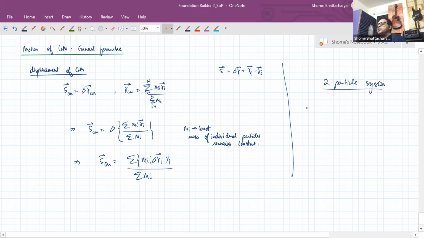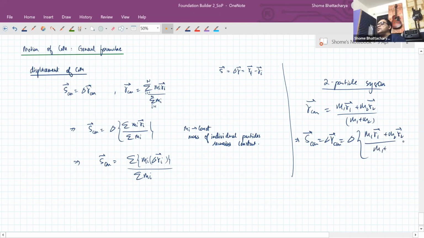The position of center of mass is given by m1 r1 plus m2 r2 divided by m1 plus m2. So the displacement of the center of mass is change in position. It will be given by change in this quantity m1 r1 plus m2 r2 divided by m1 plus m2.